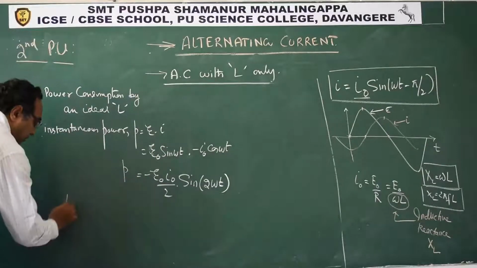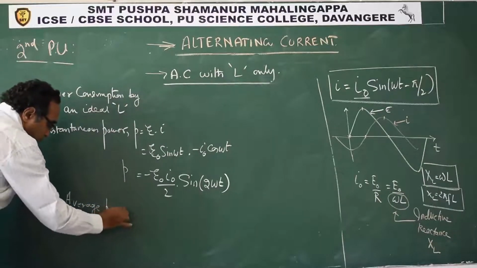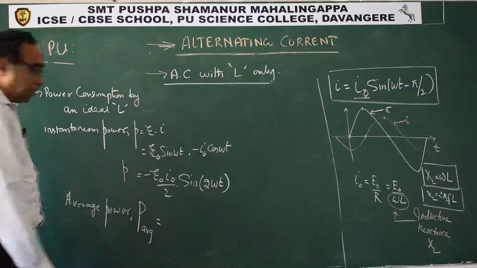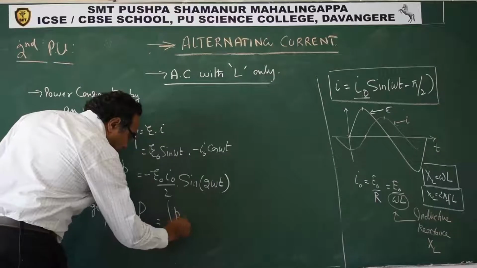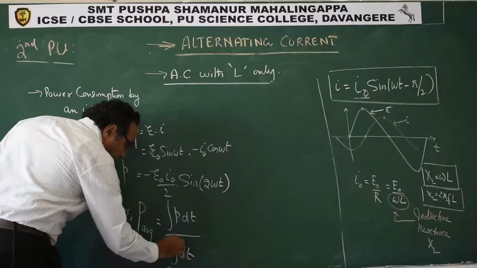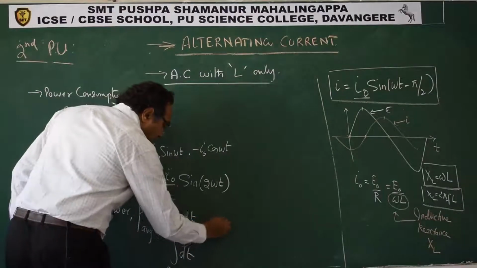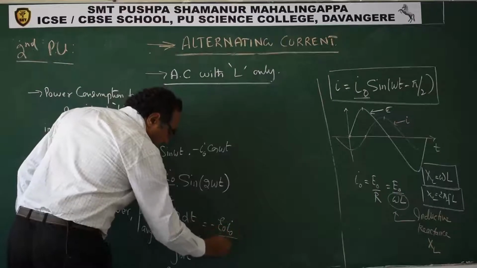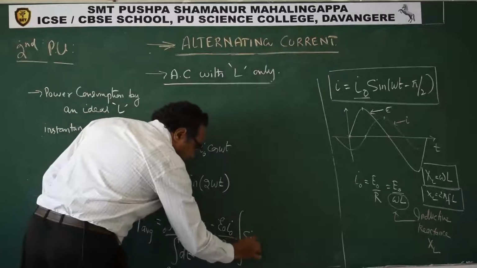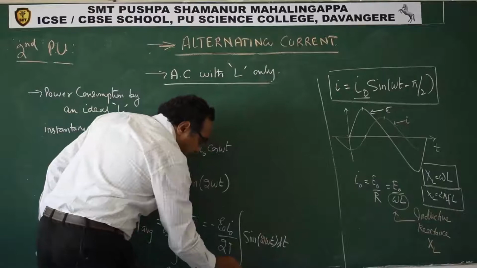Now what will be average power? What did we see average power as? Integration of p dt upon dt from 0 to t for a complete cycle. So this gives us minus E naught I naught by 2, and the integration of sine of 2 omega t dt from 0 to t.